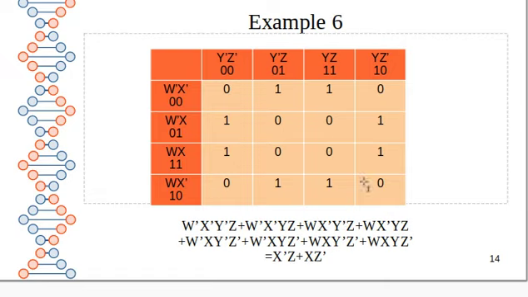Now map rolling for a quad. If we roll the table, then we can see that these two values will be side by side to these two values, and these two values will be side by side to these two values.